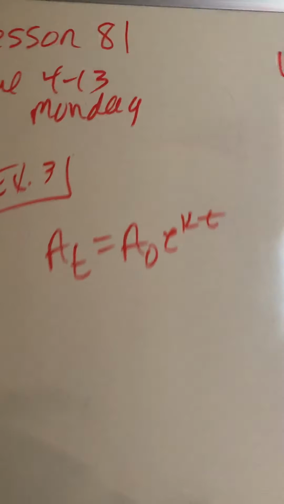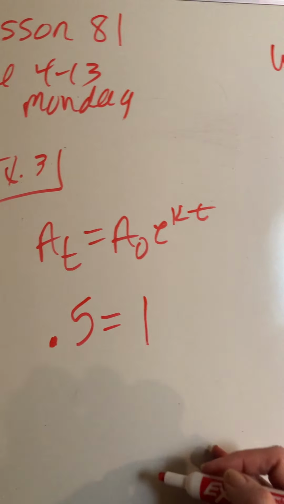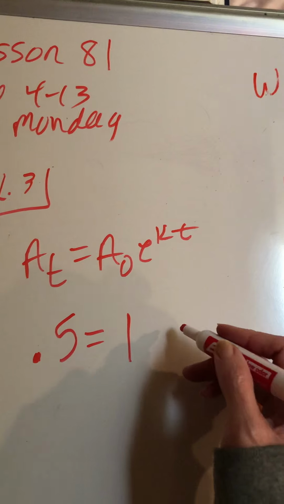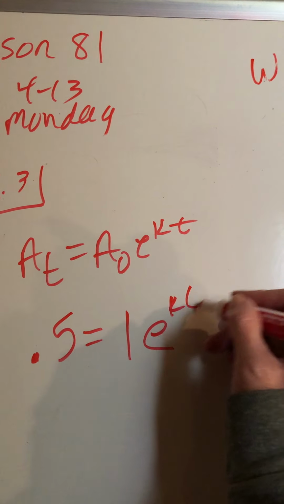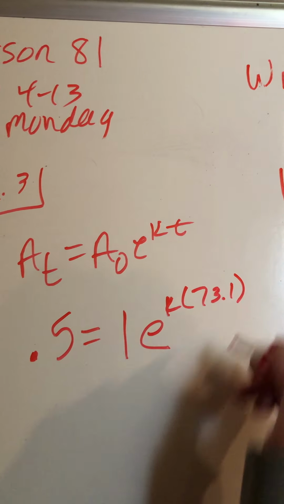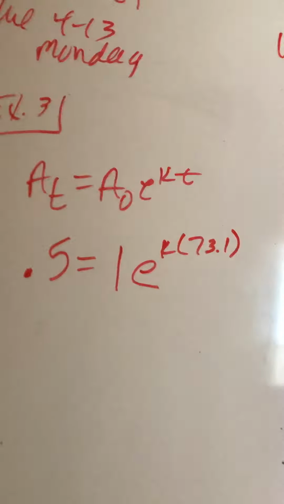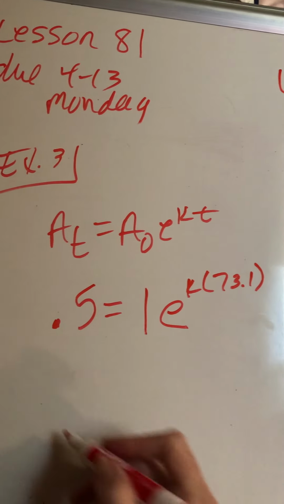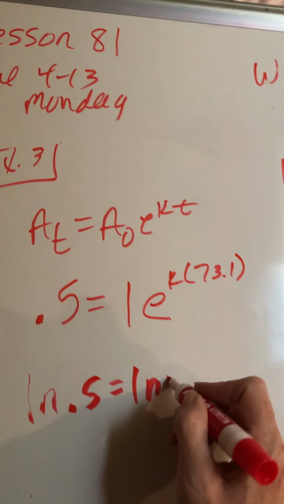So thallium has a half-life. So that means you're going to put 0.5 right here. Your A0 is 1. We just assume that right now, that A0 is 1 because we're given a half-life. e is just e. We want to find k, and my half-life is 73.1 hours. So there's the 73.1. Now you go through like we've done before. 1 times e is just e. So go ahead and just take the natural log of both sides right now, which is something we've done before.